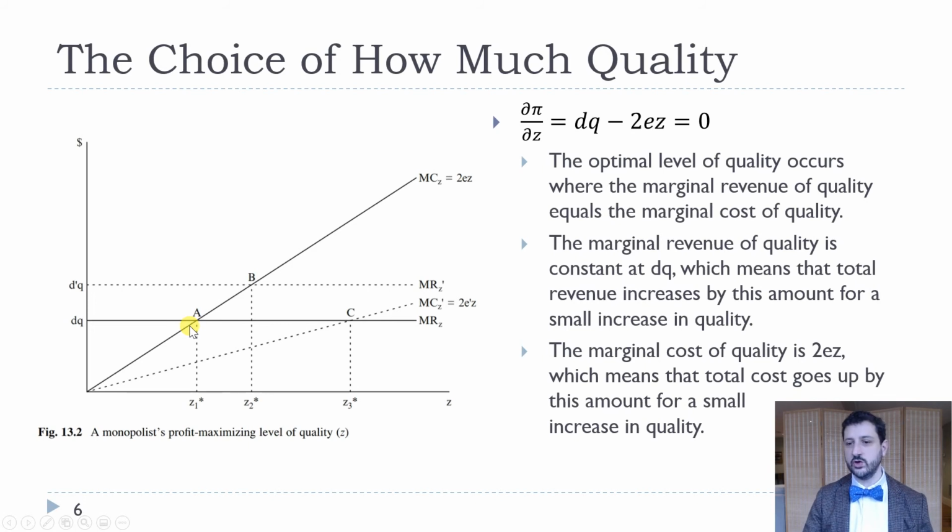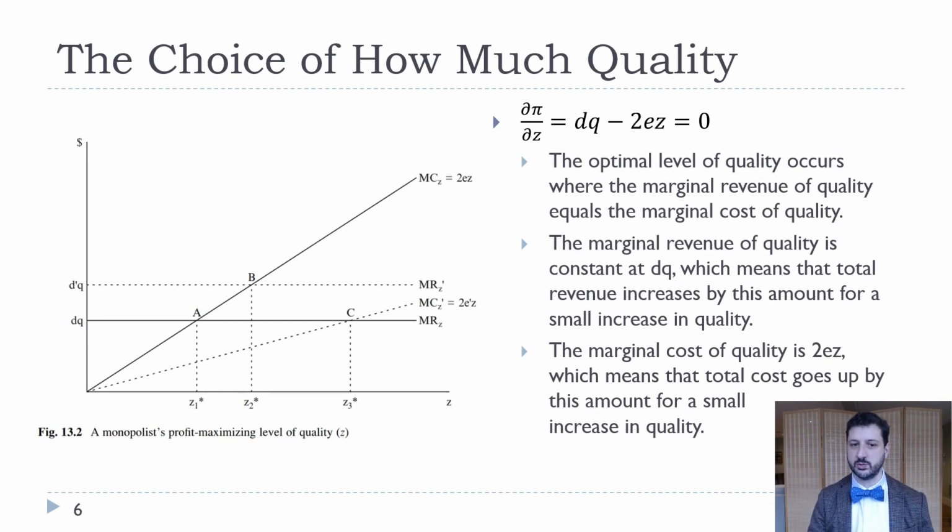And then if D increases, meaning people like quality more, and we get a shift up in that marginal revenue curve to MRz prime and DQ prime, then we'll produce at point B where we have a higher level of quality. Similarly, if E changes, right? And so E, remember, is that cost parameter for quality.